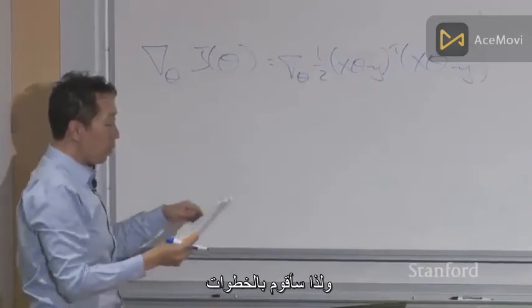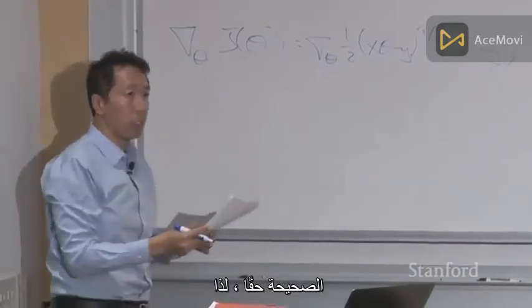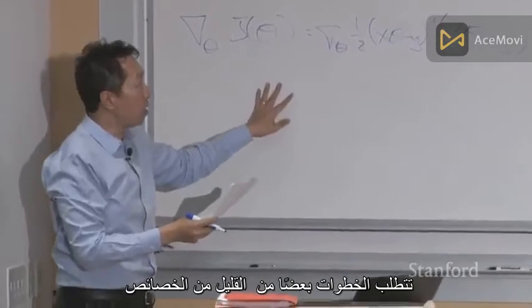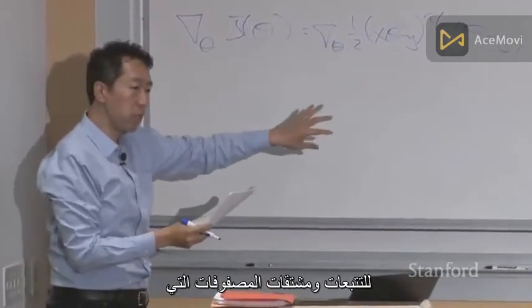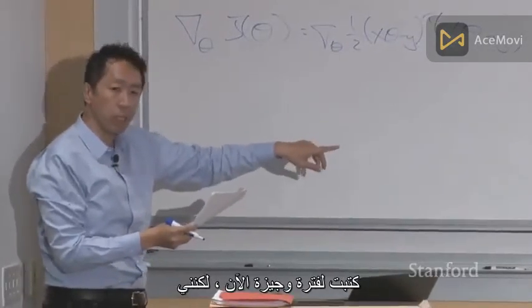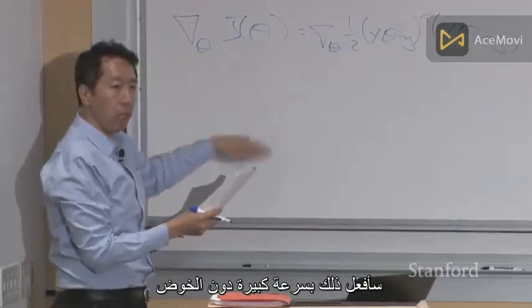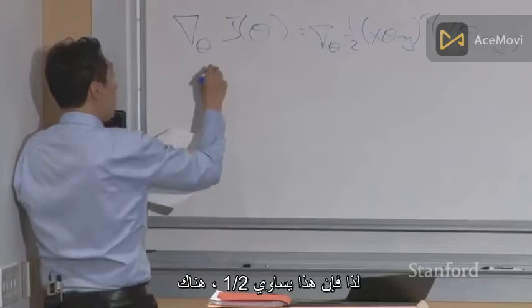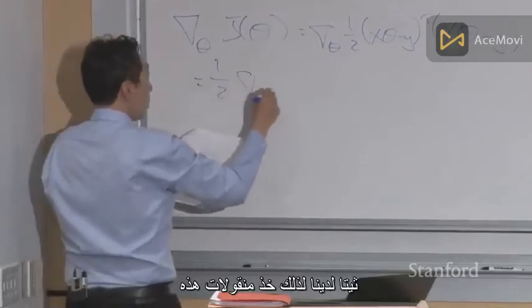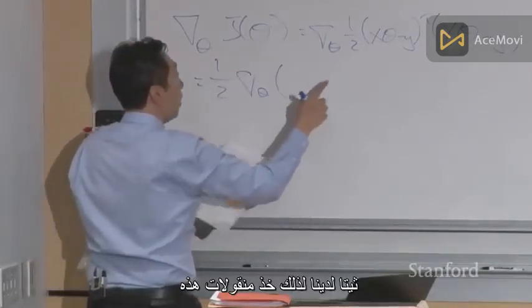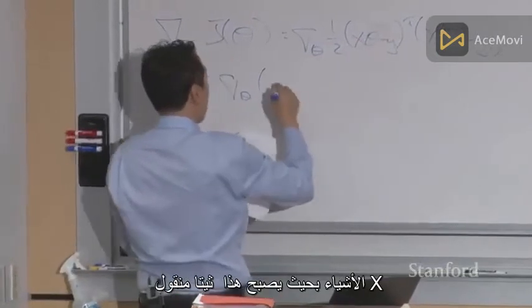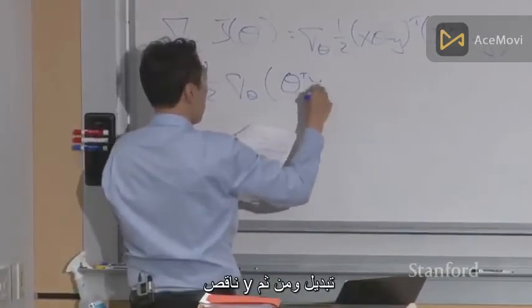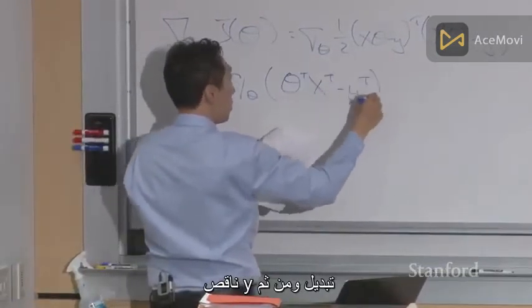I'm going to do the steps really quickly, since they require some of the little properties of traces and matrix derivatives that I wrote down briefly just now, without going into the details. So this is equal to 1/2 the derivative with respect to theta of, taking transposes of these things, theta transpose X transpose minus y transpose.